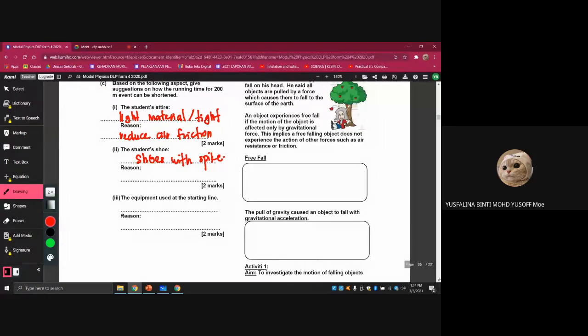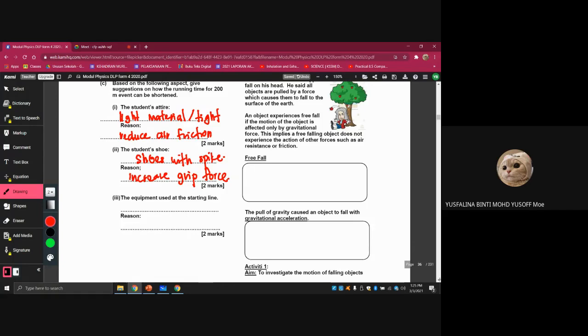So why do you need spikes? Any idea why? Why do you need to have spikes? Yes, to increase the grip force. Increase the grip force, yes, not slippery. Very good. Better grip force also works.